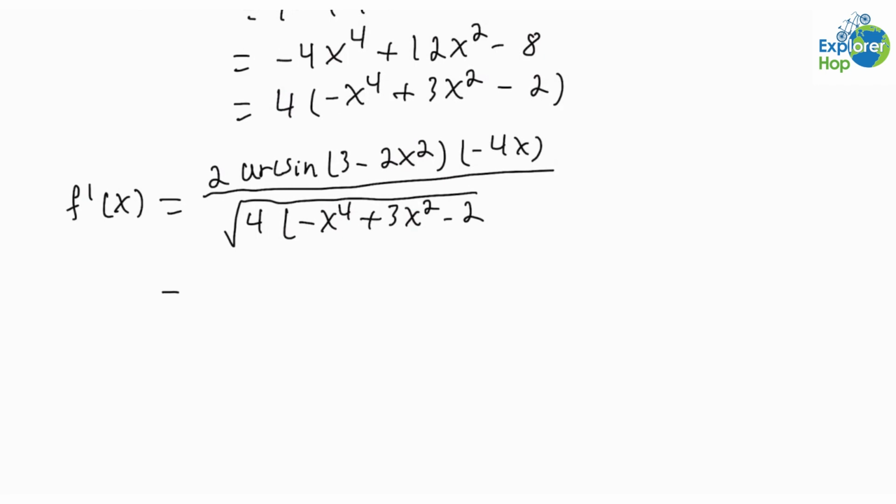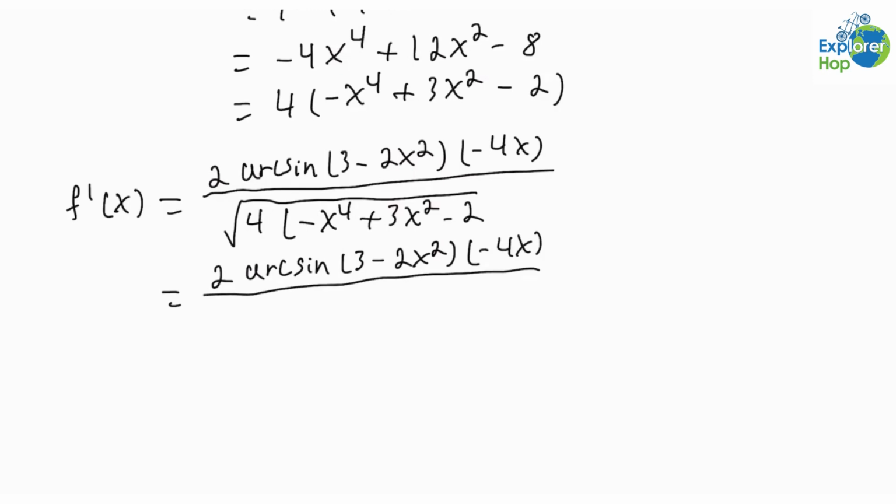And this is equal to 2 times arcsine of 3 minus 2x squared times negative 4x over 2, which is the square root of 4, times the square root of negative x to the power of 4 plus 3x squared minus 2.